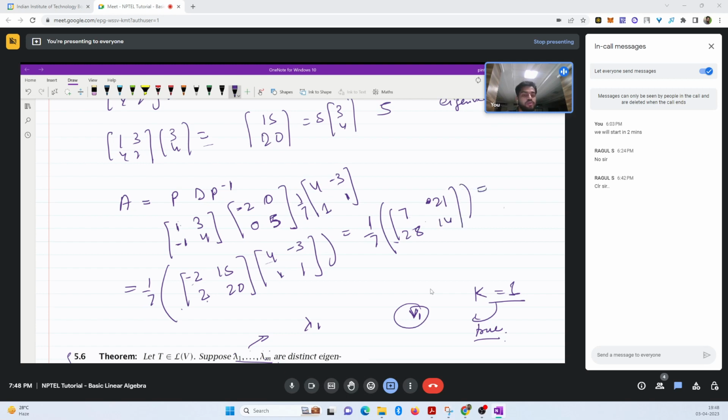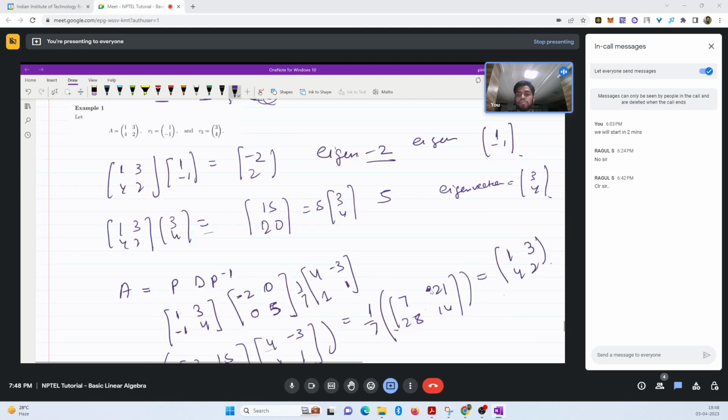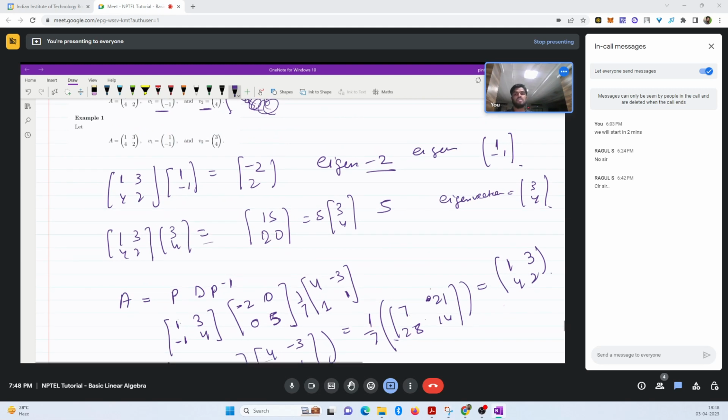If I divide by 7, what do I get? This is 1, 3, 4, 2. Was this my matrix? Yeah, this was indeed the matrix that we began with. So this was just to verify the claim that I was making.